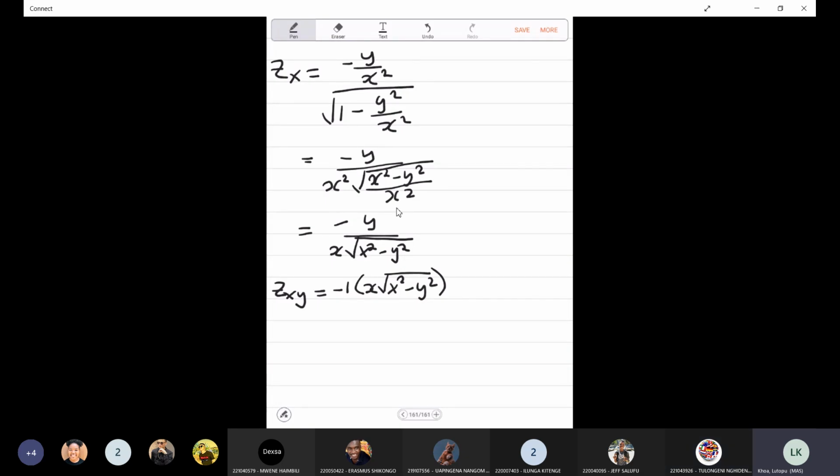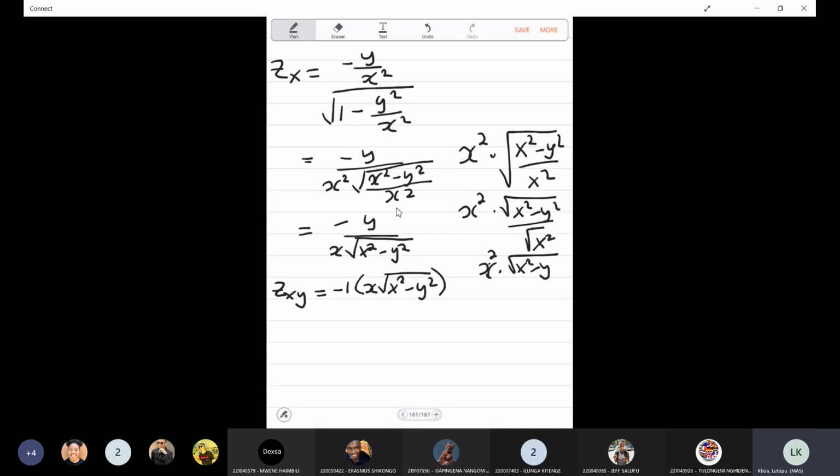Like I said, this is x squared multiplied by the square root of x squared minus y squared over x squared, which is x squared multiplied by the square root of x squared minus y squared over the square root of x squared, which is x squared multiplied by the square root of x squared minus y squared over x. This one cancels with that one. You're left with x times the square root of x squared minus y squared.